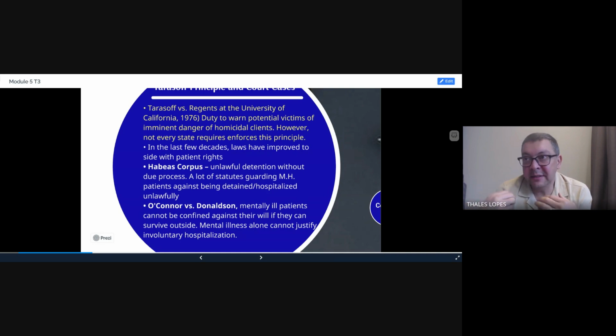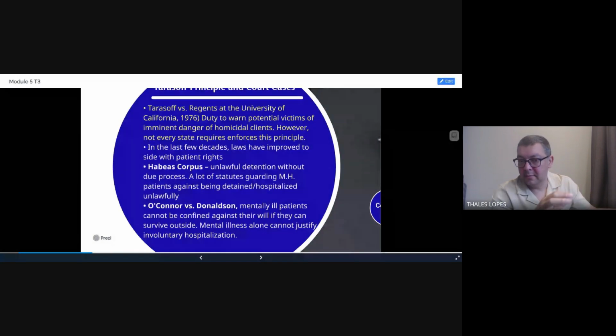If I'm deemed unable to do so, then you can force that and say no, because you're not able to protect yourself or others. But if the patient says habeas corpus, I need you to know what that means. You cannot detain someone without due process.